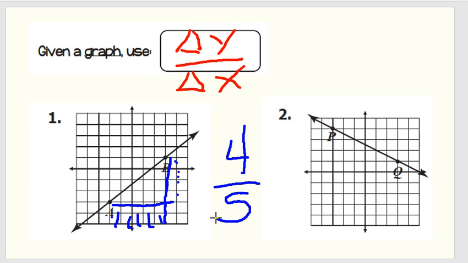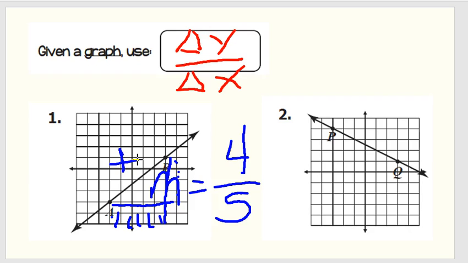Your change in y is 4, your change in x is 5, your slope, always designated as an m, is 4 over 5. You want to keep it in that form. You don't want to change it to a mixed number or a decimal. Slopes are written in fraction form because they mean the change in y over the change in x. This one is a positive slope because it's going up, just like we previously showed.